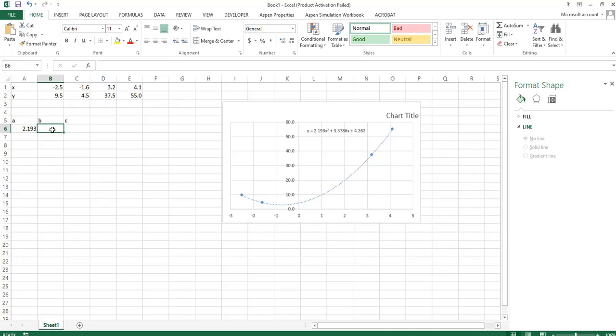For B, we got 3.3786. For C, we got 4.262.